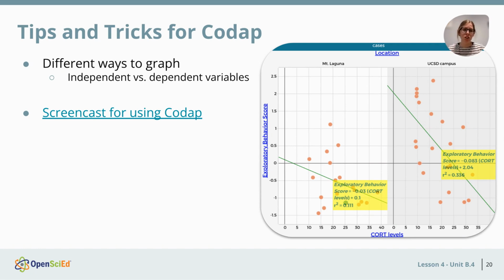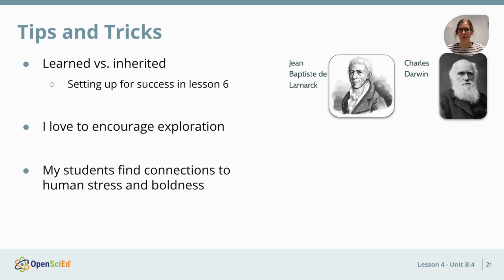Now, the strength of the relationship, that R value, isn't going to change, but the slope of the line does change, like how steep it is does change between the graphs. And this is just the way that my students have had an easier way interpreting the data. And then we've got a link here to a screencast for using CODAP, which is very helpful as a teacher, and I will even play it for my students as well.